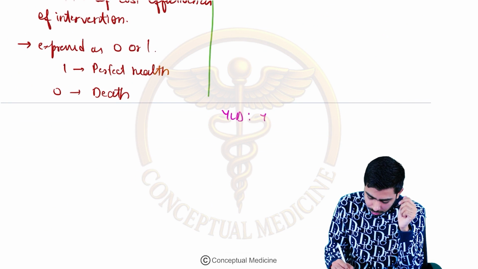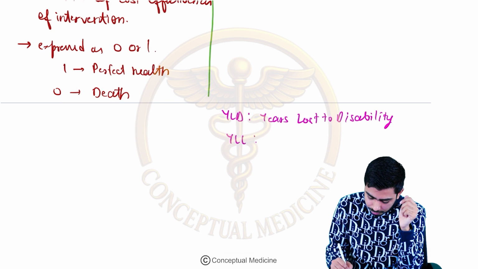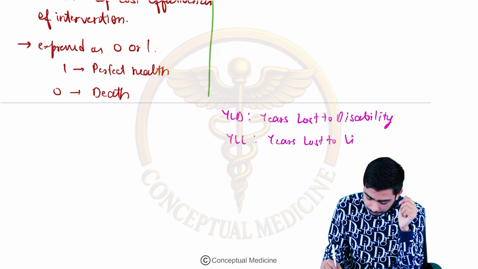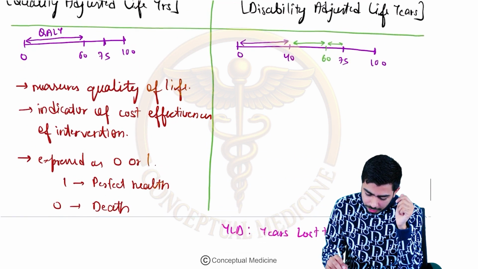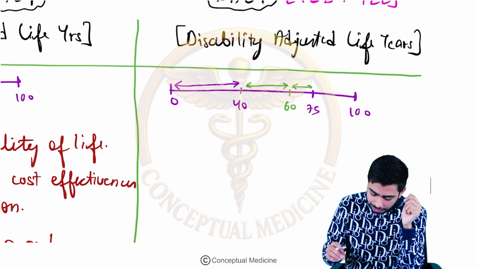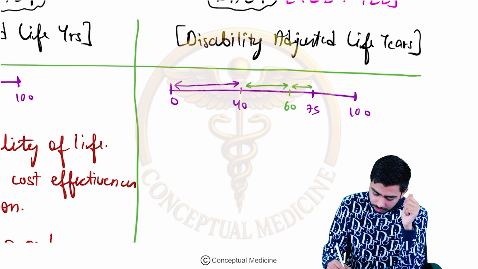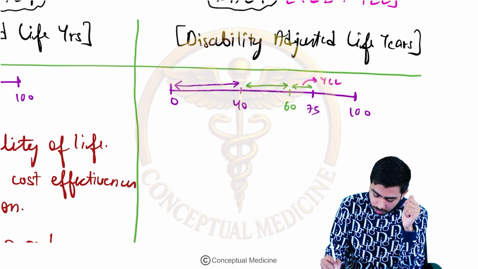YLD means years lost to disability, and YLL means years lost to life. So in this example, what is YLL, guys? Years lost to life. This is the years lost to life, and this is the years lost to disability.